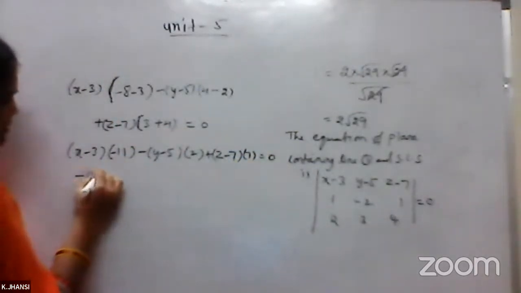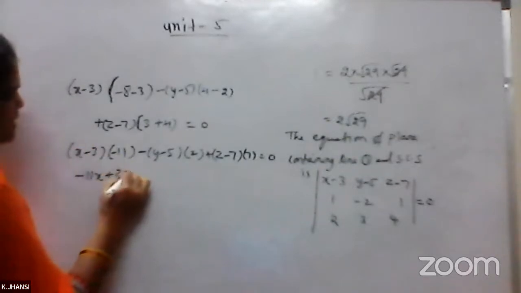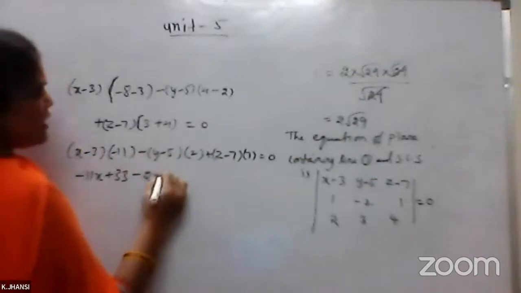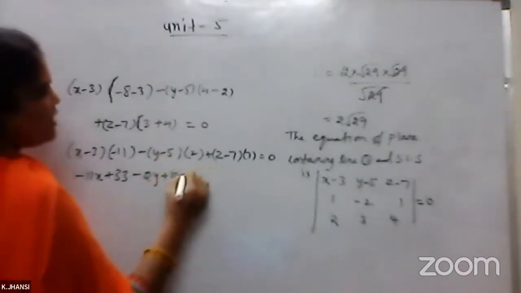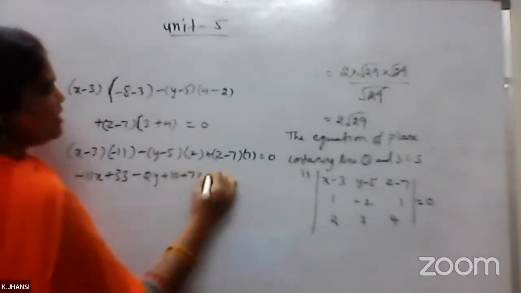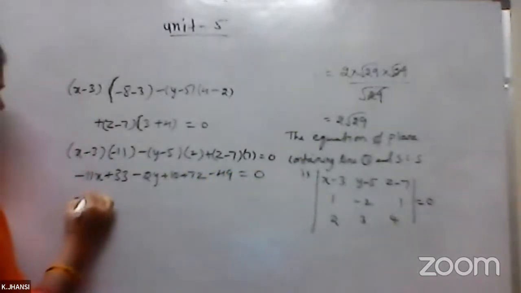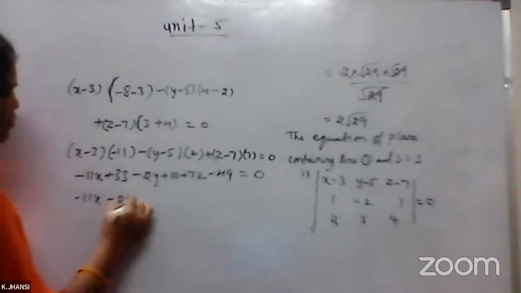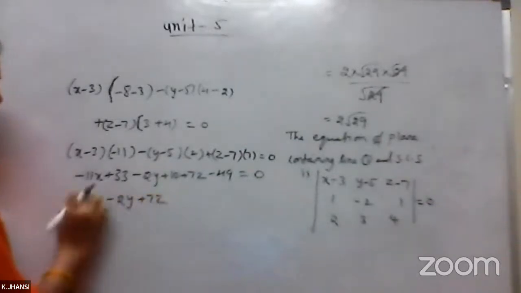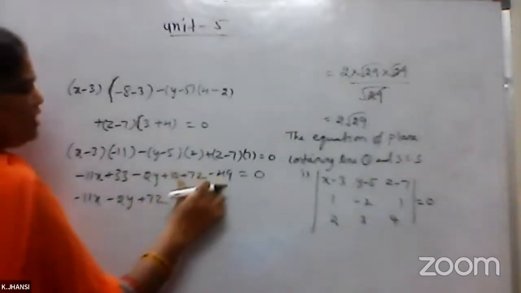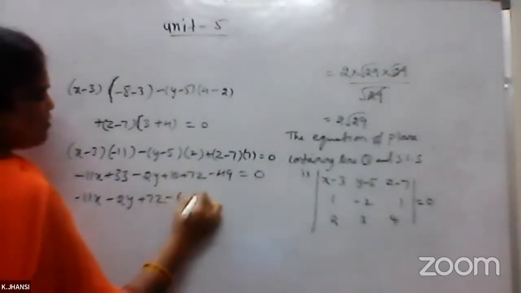So it is minus 11x plus 33, minus 2y plus 10, next plus 7z minus 7 sevens are 49. So it is minus 11x minus 2y plus 7z, 33 plus 10 is 43, 43 minus 49 gives minus 6, equals 0.